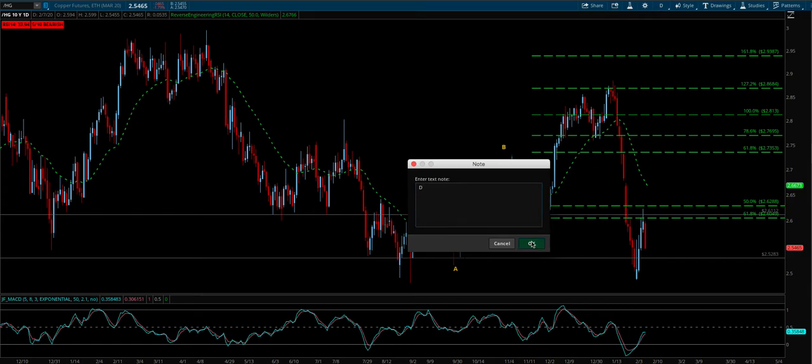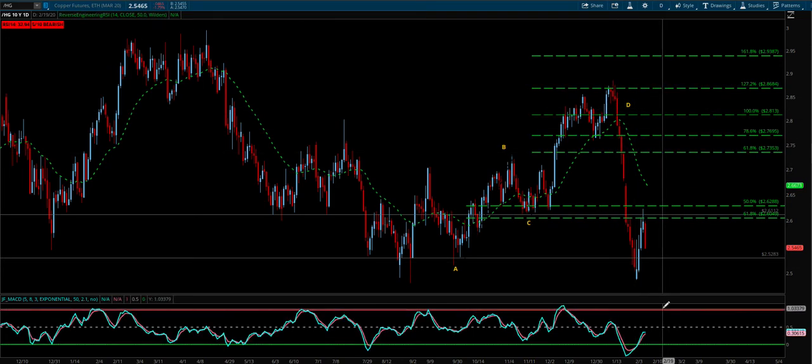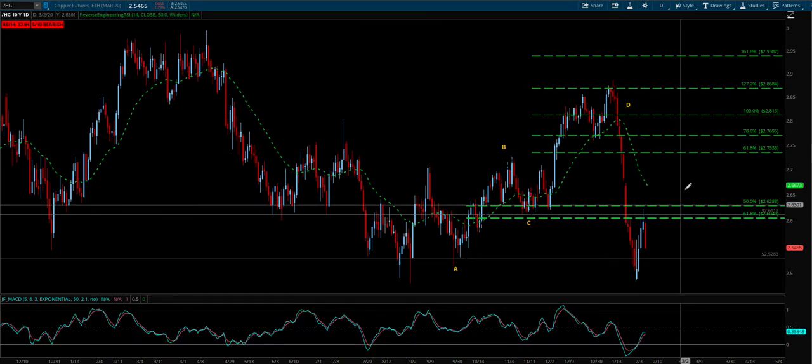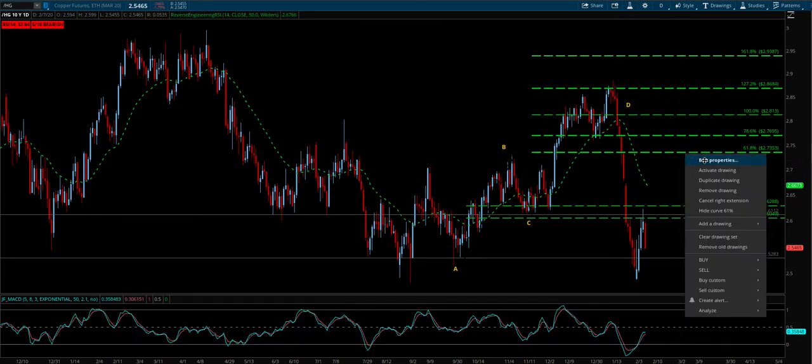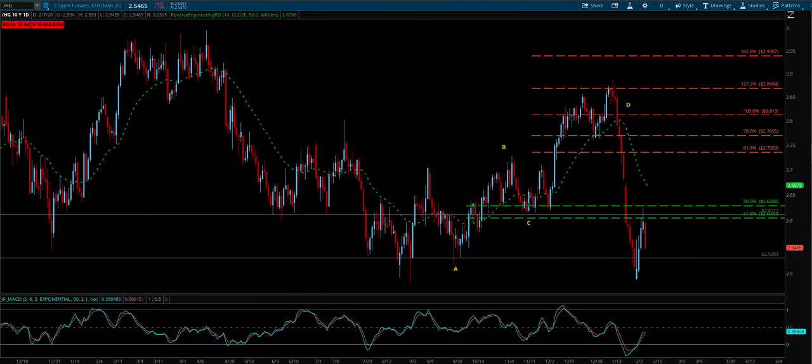So I went a little higher. A, B, C, 100, and the bottom fell out. So this is a pretty good example of a short. That would have been a perfect short.